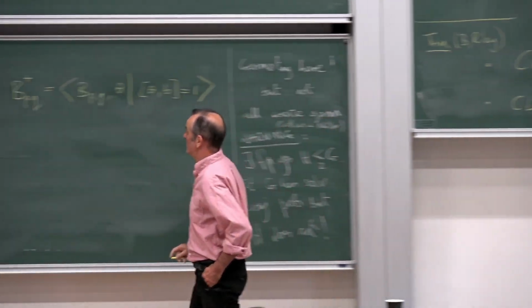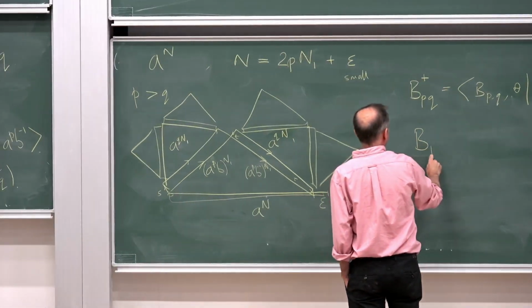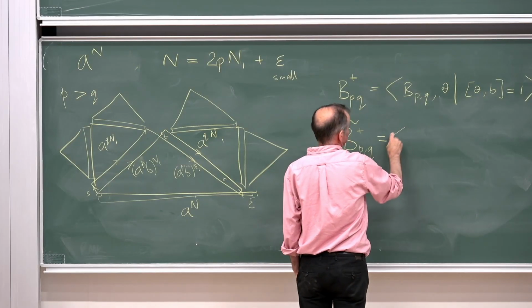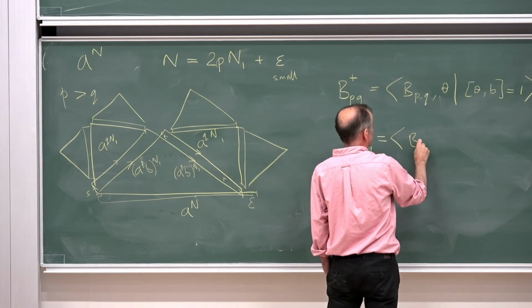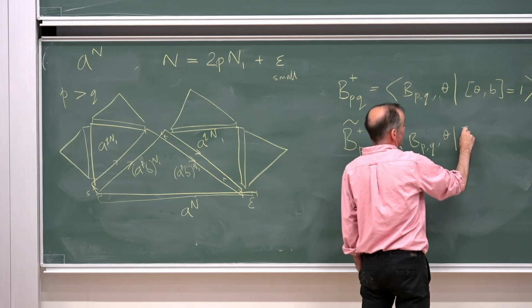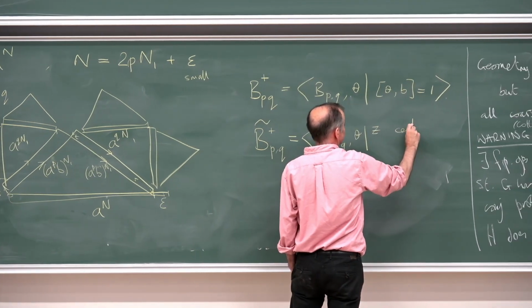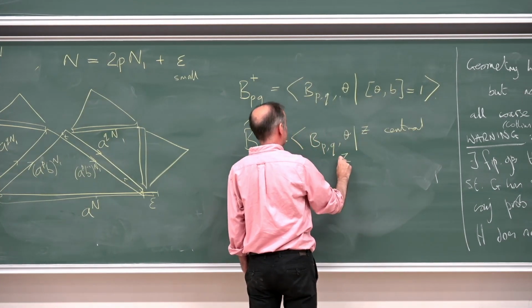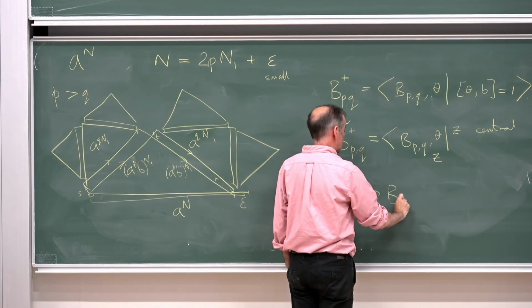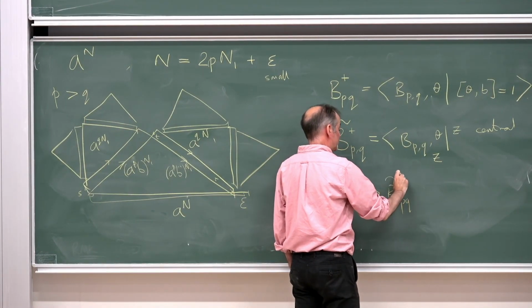But I then take a central extension of this group where I keep the generators and relations of BPQ, but I now introduce a central letter z, so it's just a Z central extension of BPQ plus.